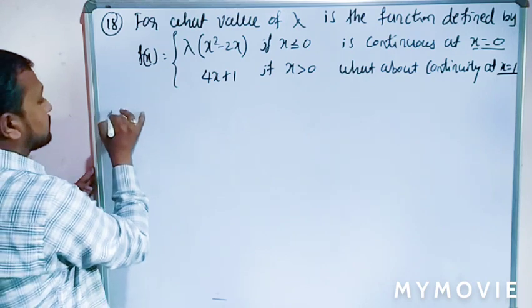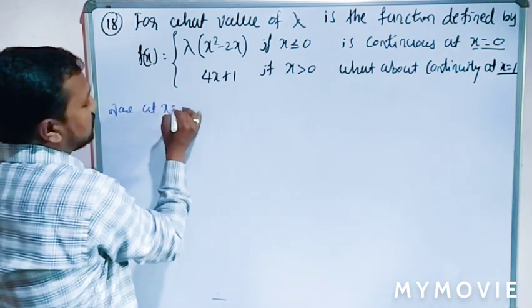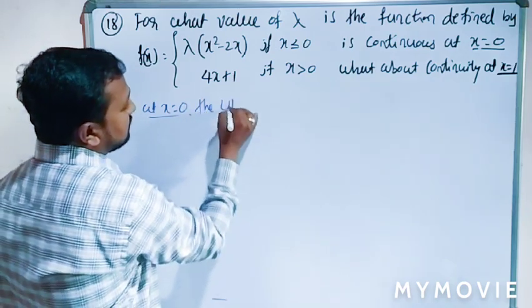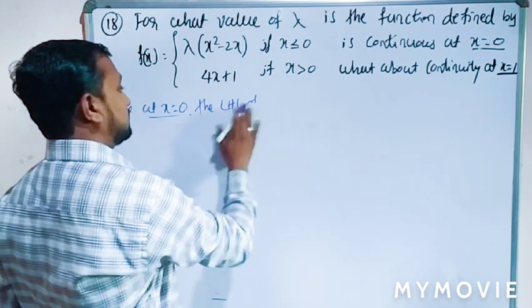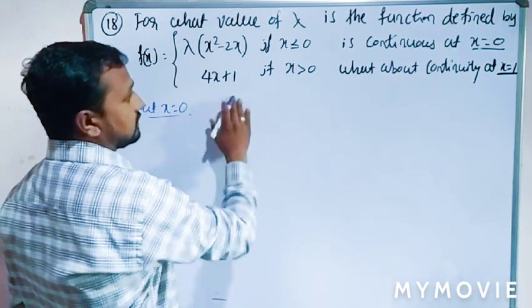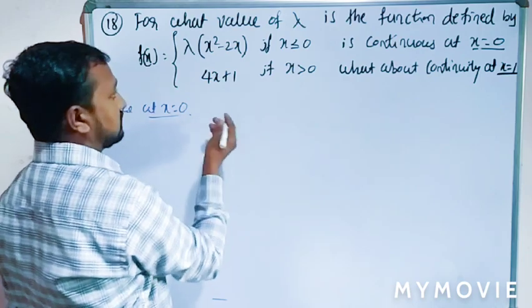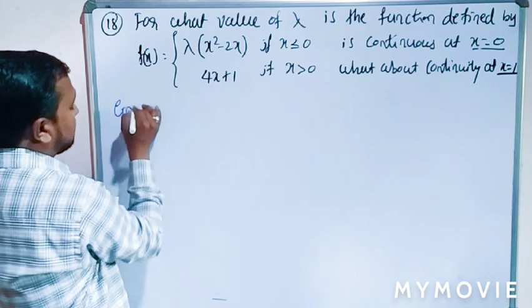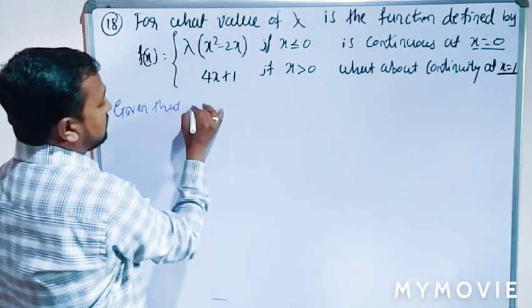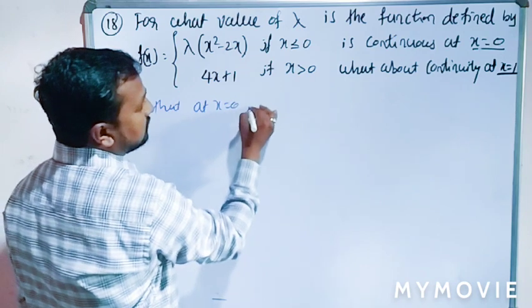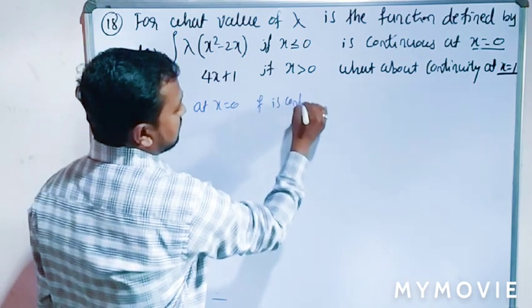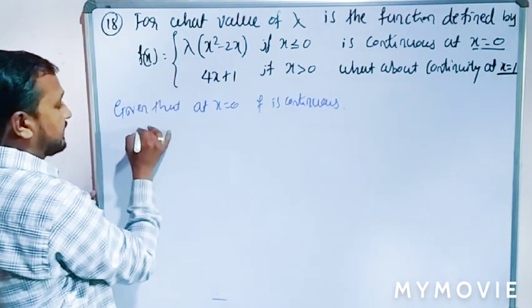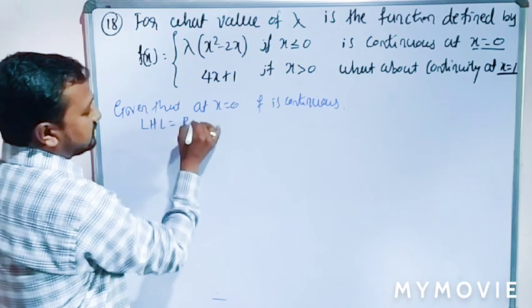So here, at x equal to 0, given that f is continuous at x equal to 0, that is, LHL is equal to RHL.